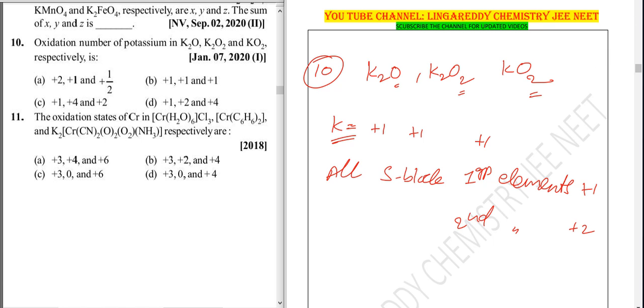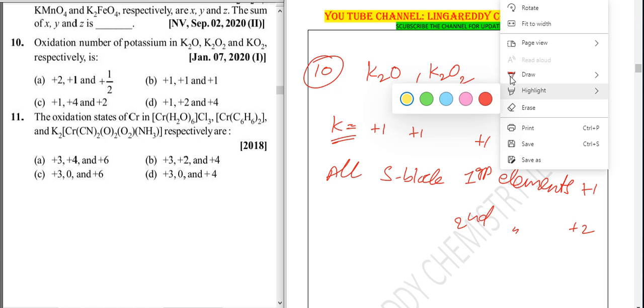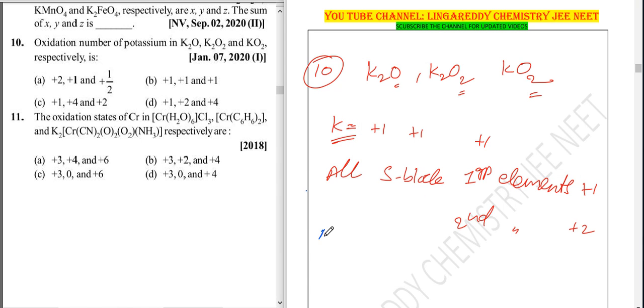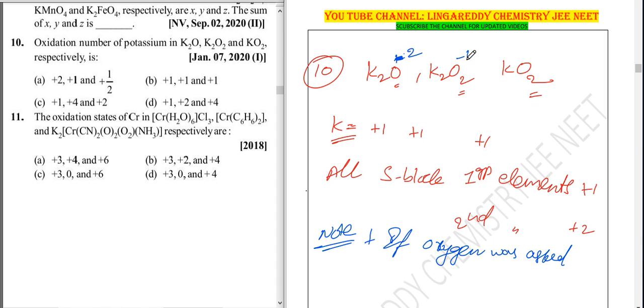Suppose in this question oxygen was asked, then here the oxygen will be minus 2, then here peroxide, so minus 1, here minus 1 by 2.